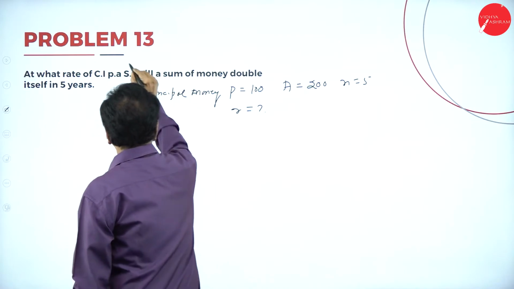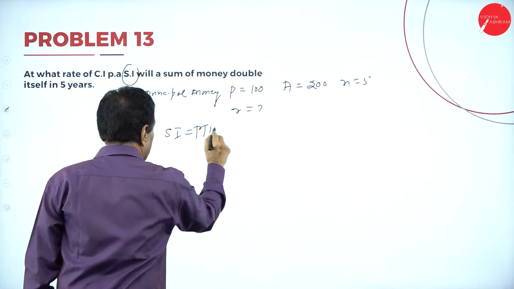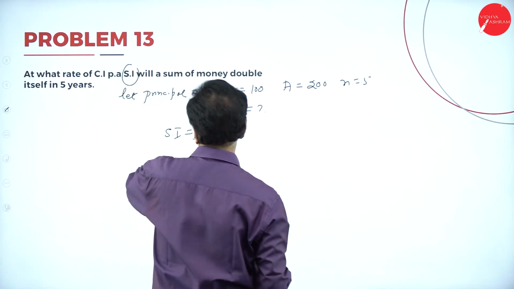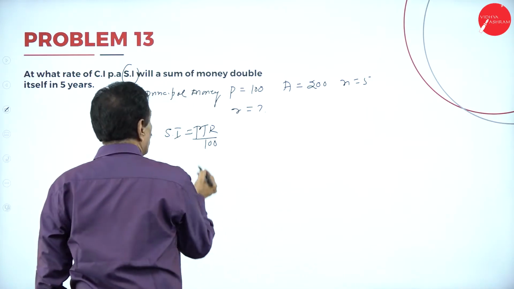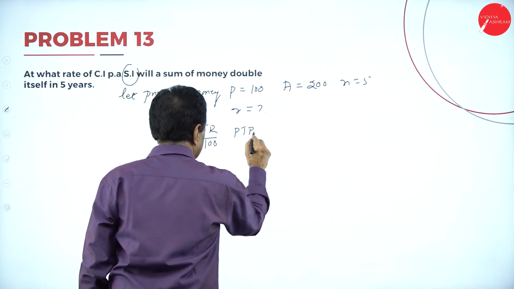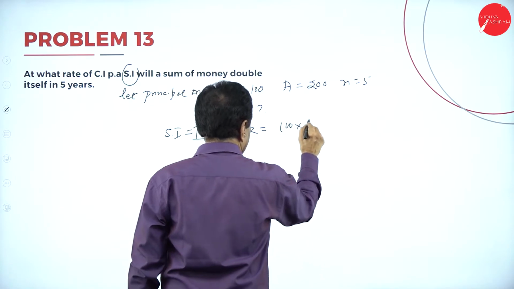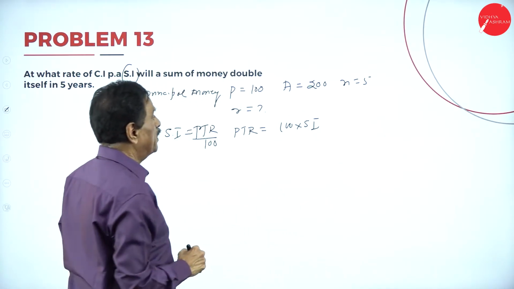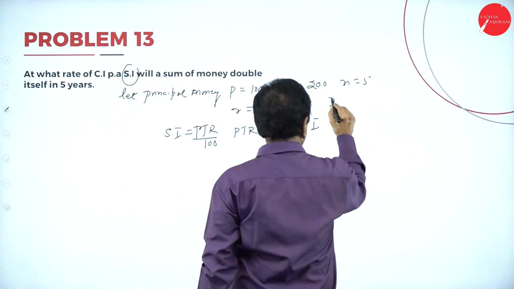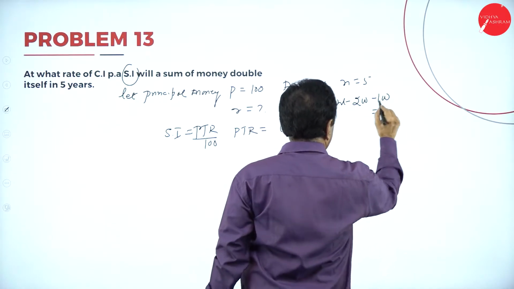Here simple interest is equal to PTR over 100, per annum. What he wants is R. Cross multiplying, PTR equals 100 into SI. 100 becomes 200, so the interest is 100.